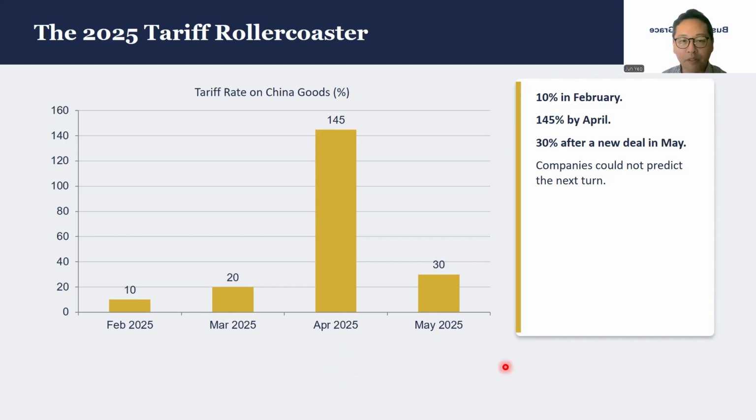Companies could not predict the next turn. This is why we call it a roller coaster. It totally depends on the president's decision making, and the relationship between two nations' presidents impacts tariffs immediately.